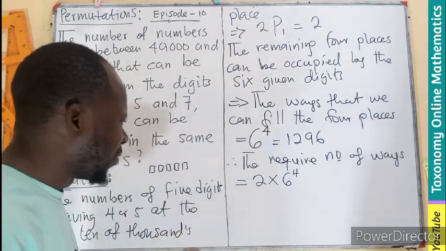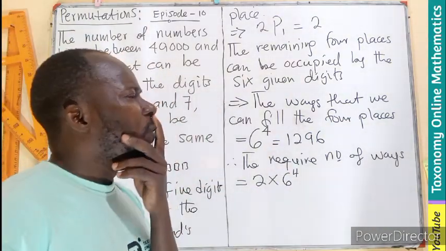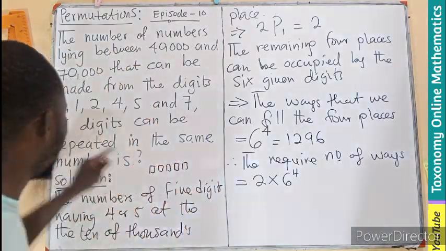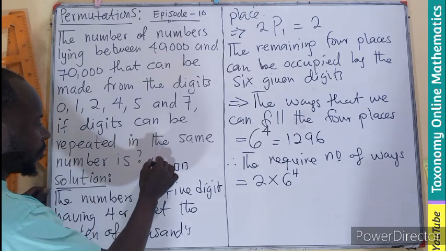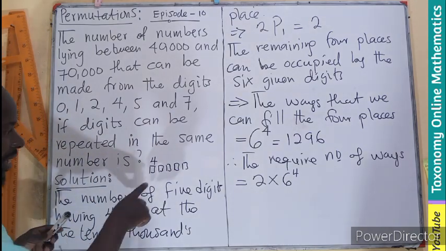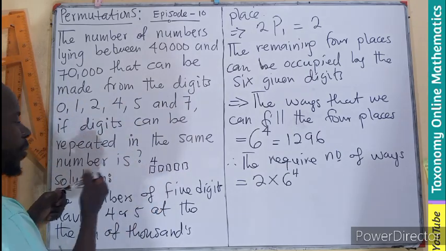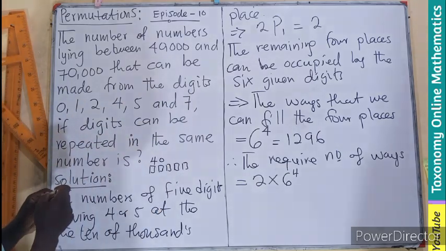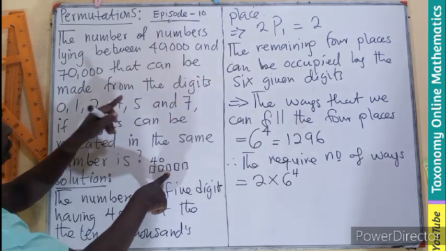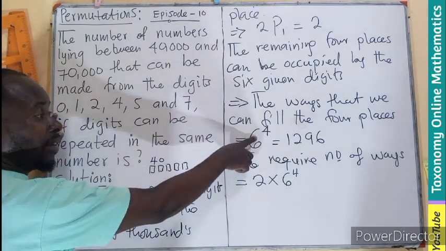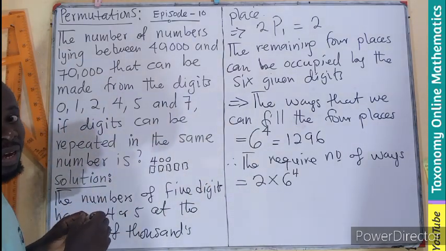Now, if I do it this way and leave it like this, 2 times 6 exponent 4, what if we have this number 0? The first digit is 4, right? Then the digit here, I am going to choose from all these 6, and it happened to be 0. And in the third position, I am still supposed to choose from all these 6, so the possibility of 0 coming could also be realized.